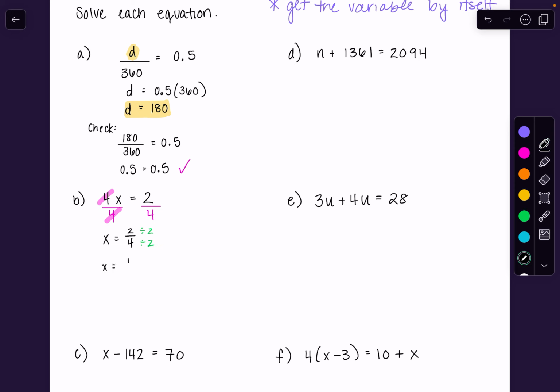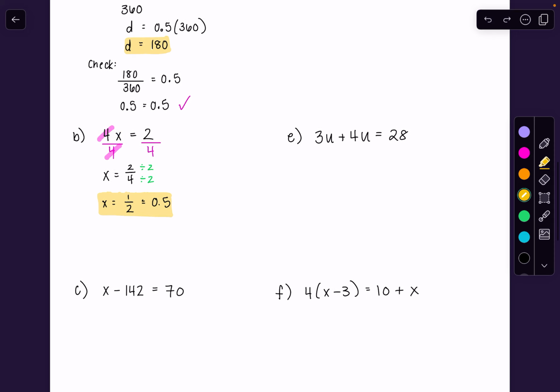And so the reduced fraction for this would be 1/2, or that is a nice decimal 0.5. So either of these representations are good. Okay. So again, I could plug that back in the starting equation. If you do 4 times 0.5, it does indeed equal 2.